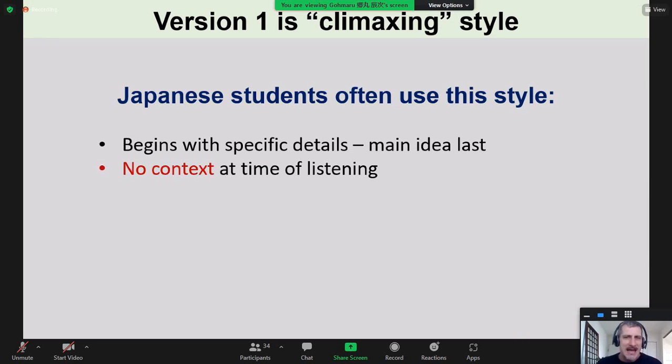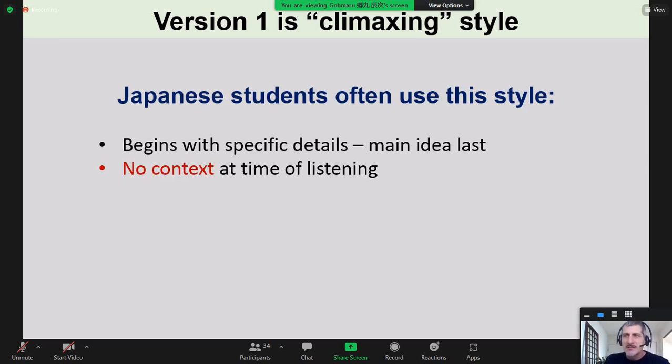That means that as we are listening to the explanation, we don't have any context. We're immediately beginning with fine details, and the audience doesn't know yet how they are supposed to use or interpret that information.